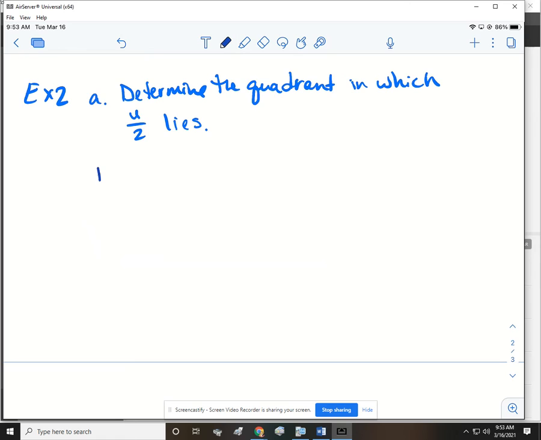All right, then we're going to find the exact value of, and this one we're just going to do 1, the sine of U over 2.